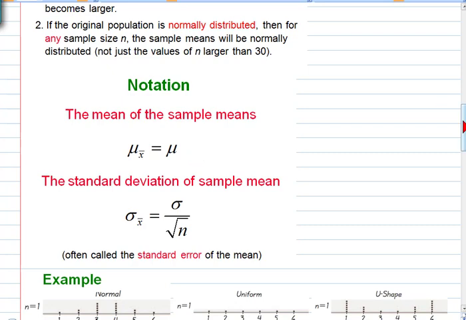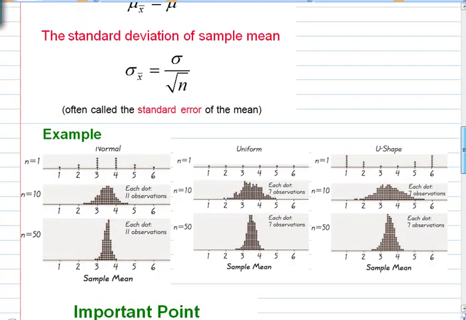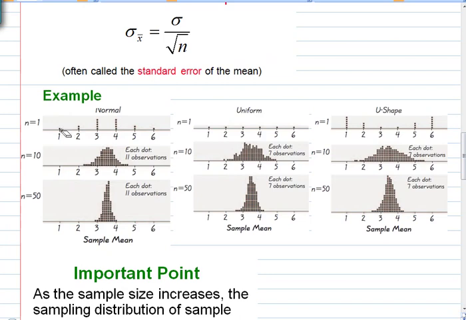Now y'all said that a picture's worth 1,000 words, and I want to show you some pictures here. If our original population were normally distributed, and we take a sample of size 1, we're going to see a normal distribution. If we increase our sample size to 10, we still end up with a normal distribution. Each dot here represents 11 observations.